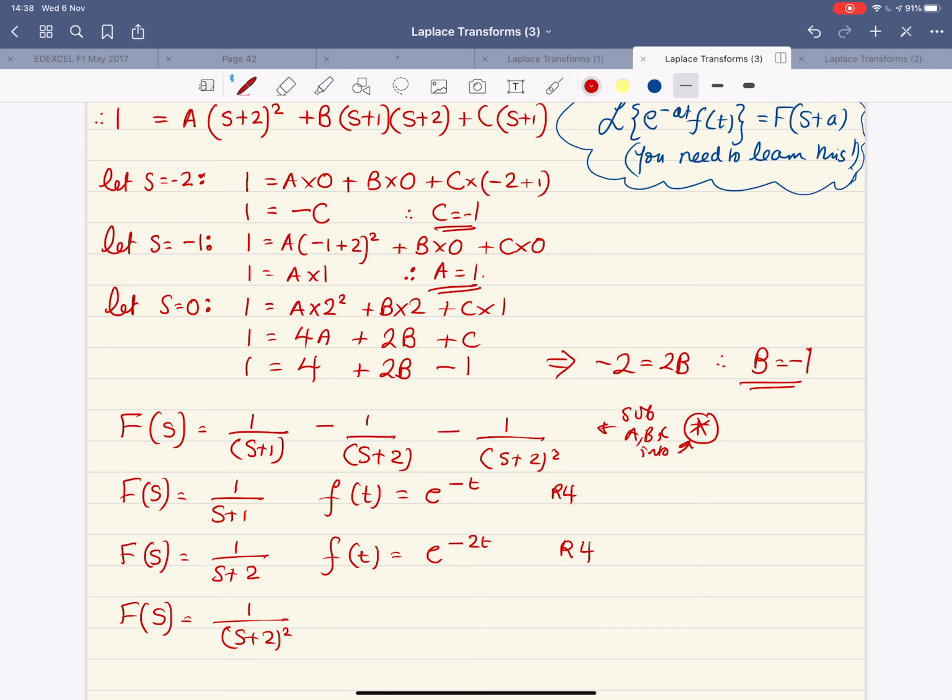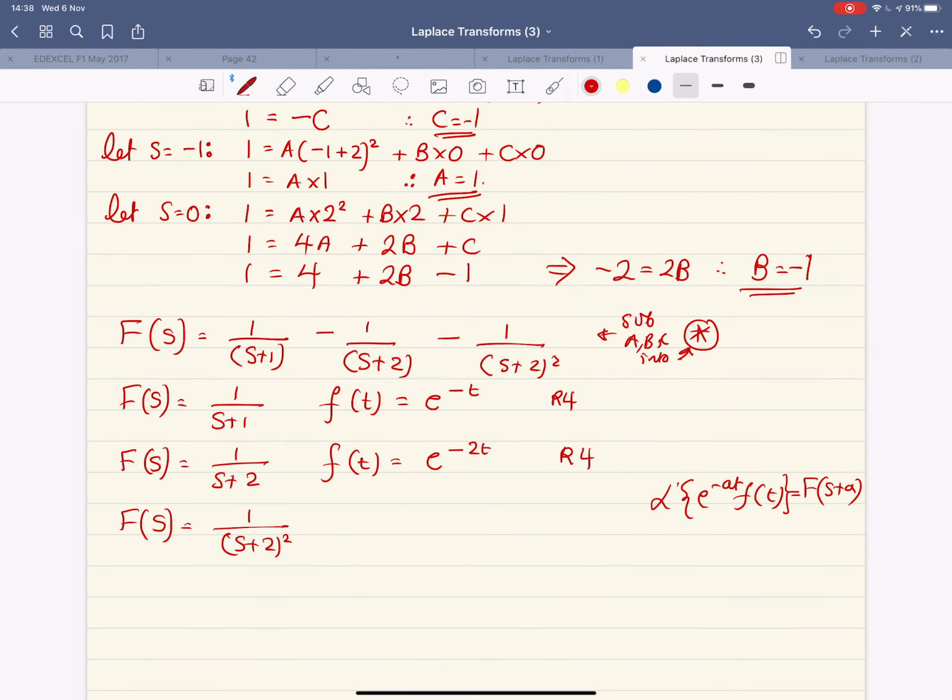Okay, so remember the first shift theorem, Laplace of e to the minus at f of t equals f of s plus a. We've got to do a bit of reverse engineering here. We've got a 2 there, so a is going to be 2. Laplace of e to the minus 2t f of t equals f of s plus 2.